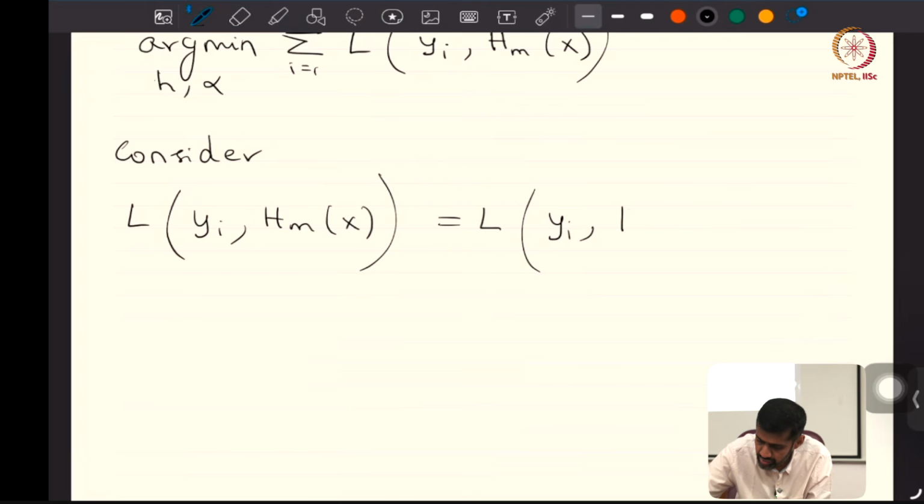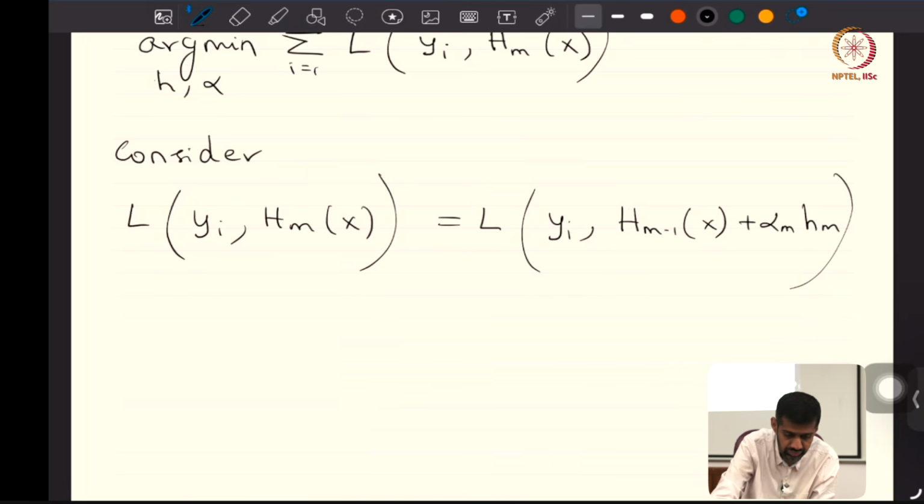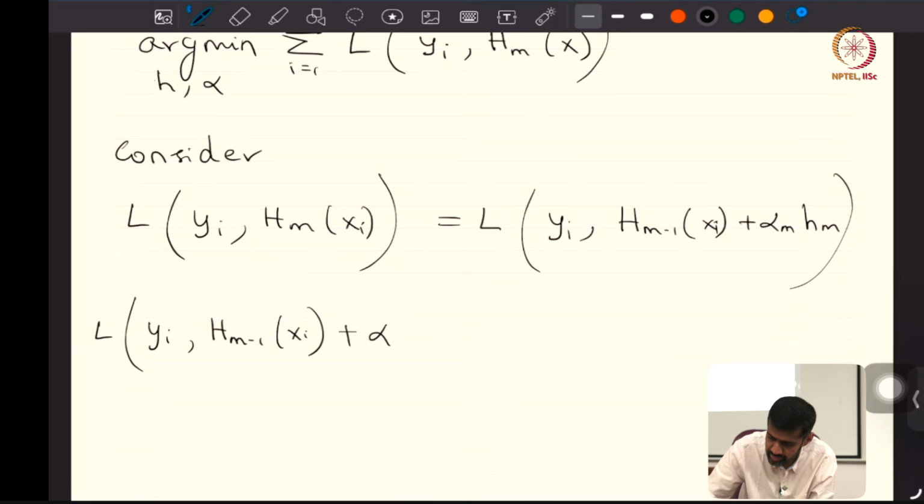There is also an i here, because we are doing it for one particular data point and we sum it over all of them, right. Now, consider this term L of y_i comma h_{m-1}(x_i) plus alpha_m h_m.